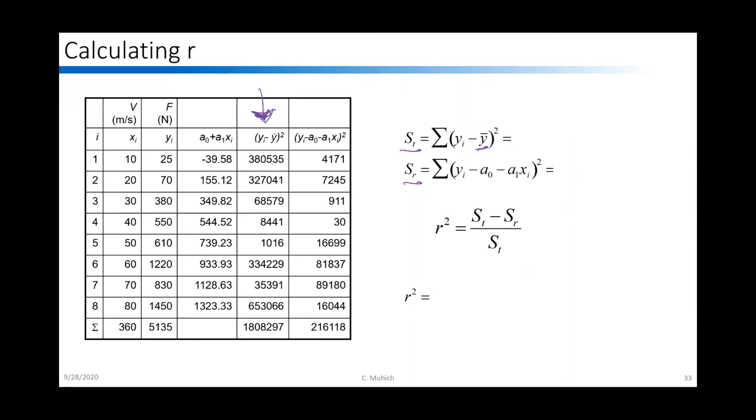I'm going to take each yi minus the y average, sum it all up. And if I do that, I end up getting 1808297. So once again, this is the average y minus each y data, and I'm just summing them all up in this column.